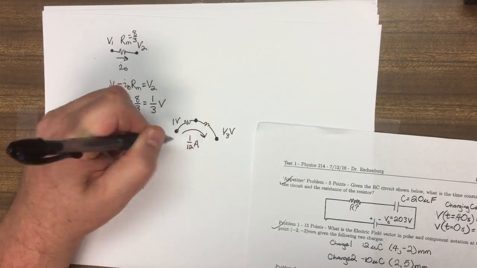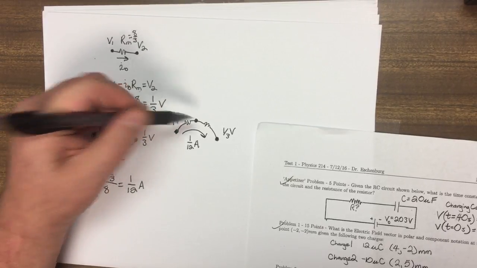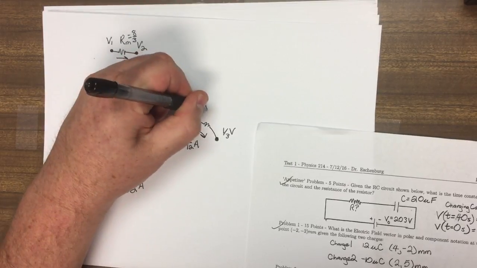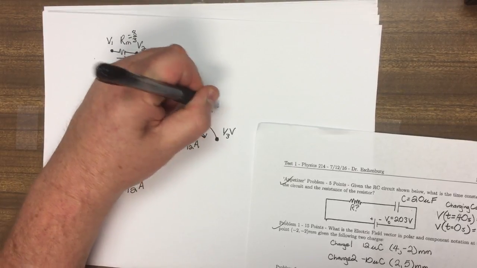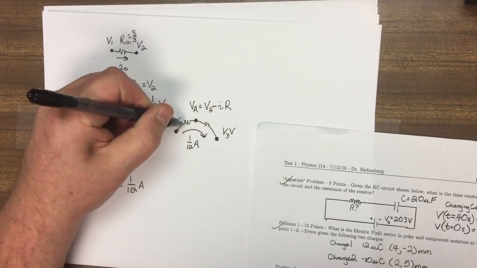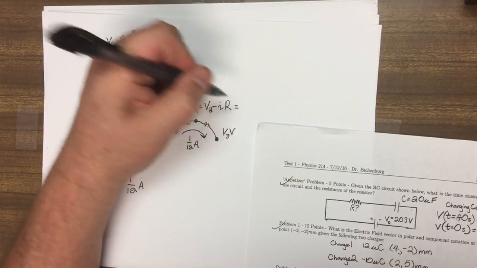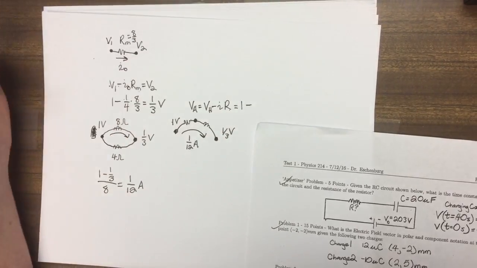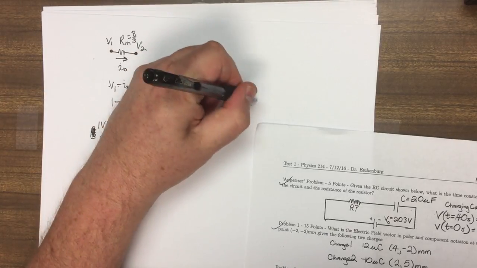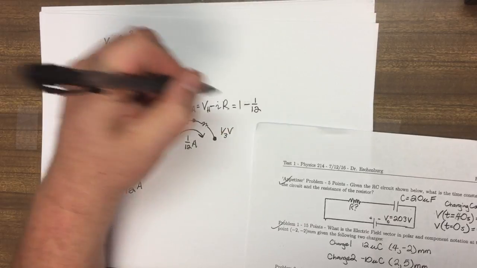So what I'm going to do is step down from 1 volt to that point. VA is equal to V high minus I, the current flowing through, times the resistor that it went through, just 4 ohms. So this is 1 minus 1/12 amp times 4.